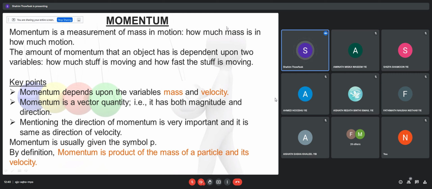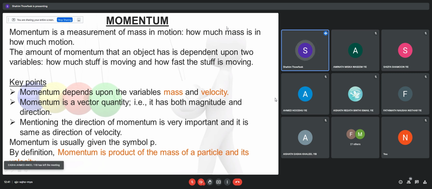Okay, by definition, momentum is the product of mass of a particle and its velocity. Now they are saying how to find momentum. Momentum is the product of mass of a particle or object and its velocity. Momentum is equal to mass into velocity.